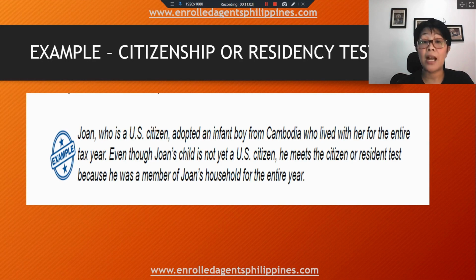Even though Joanne's child is not yet a U.S. citizen, he meets the citizen or resident test because he was a member of Joanne's household for the entire year. So, pwede yon. So, pwede niyang i-claim yung adopted child. As long as nasatisfy niya yung requirement. Sinabi, he was a member of Joanne's household for the entire year. Okay, so next.